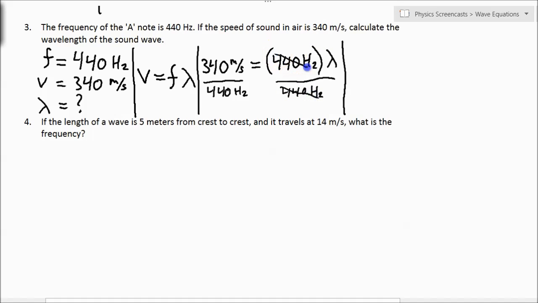That will of course cancel out here. This hertz, which is per second, will cancel out with the per seconds there. And when we finish this up, we find that our wavelength is 340 divided by 440, and that gives us a wavelength of 0.77 meters. And of course, we'll put our box around our final answer there.